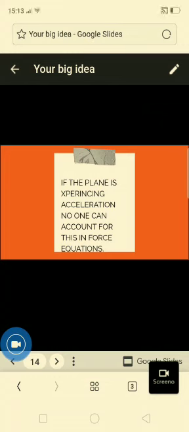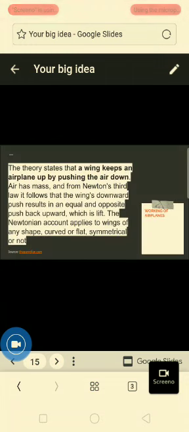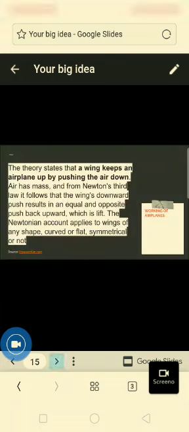If the plane is experiencing acceleration, it means we must account for this in the force equation. The theory states that the wing keeps an airplane up by pushing the air down.